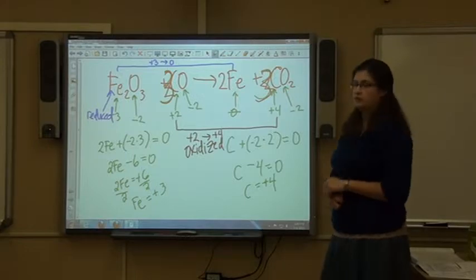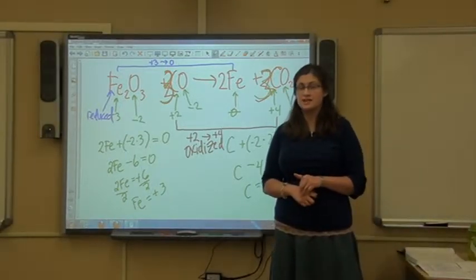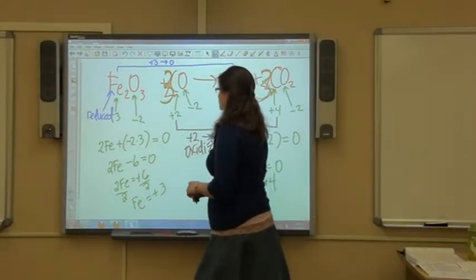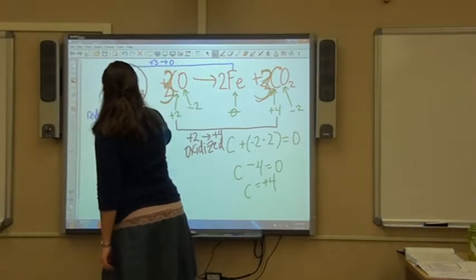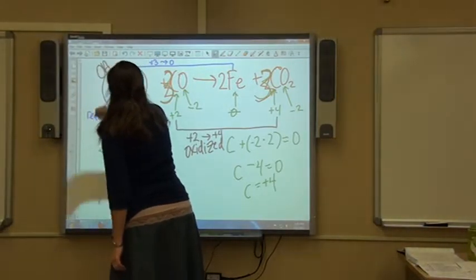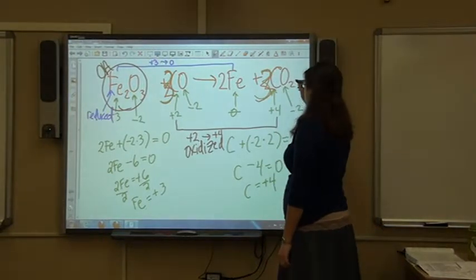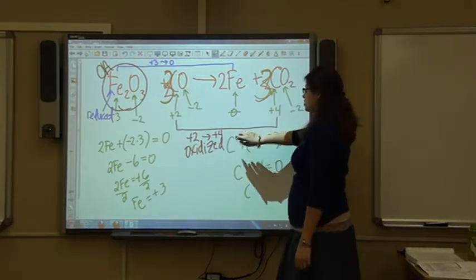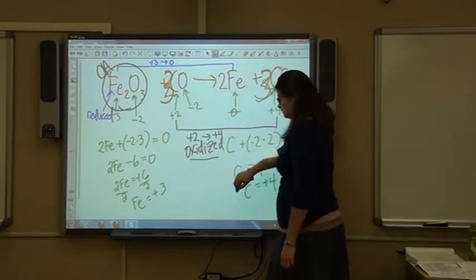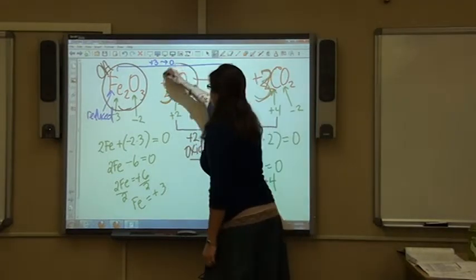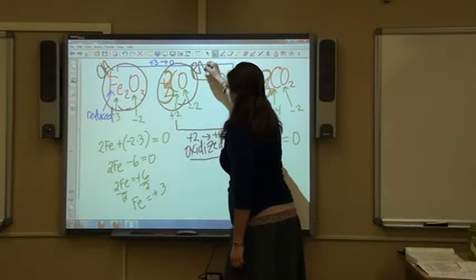Now, remember that whatever is reduced is the oxidizing agent. So this species here is our oxidizing agent, and here the carbon is what's oxidized, so this is our reducing agent.